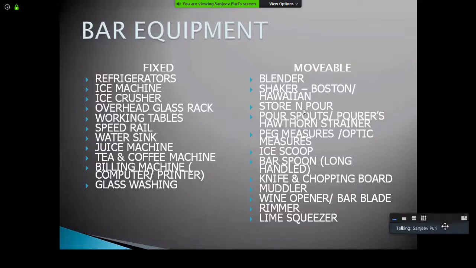So there are two types of equipment that we are going to be using as far as the bar is concerned. The equipment is divided into two parts. One is the fixed equipment, and second is your movable equipment. We are short of time. I've got only 10 minutes to go.